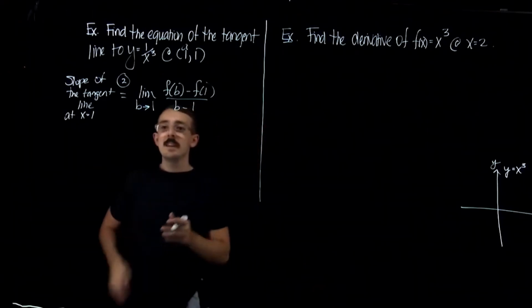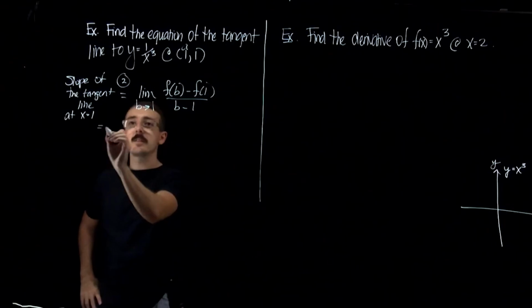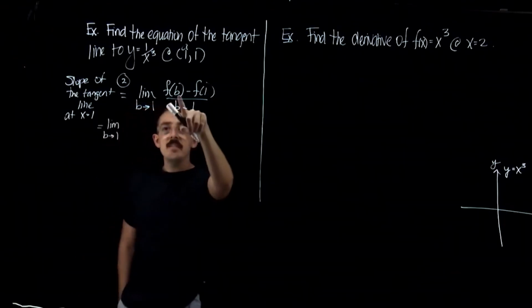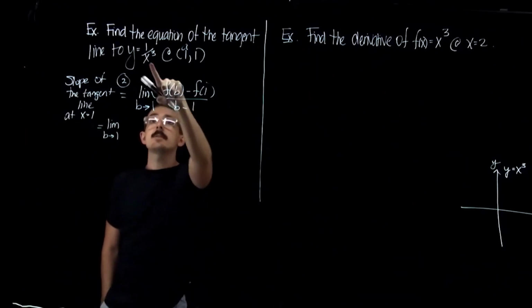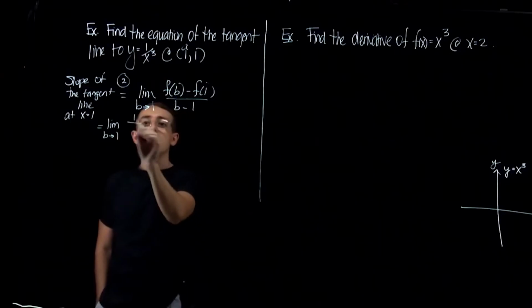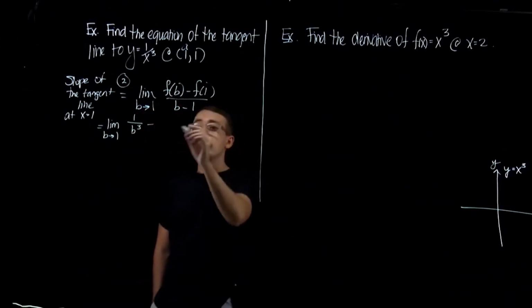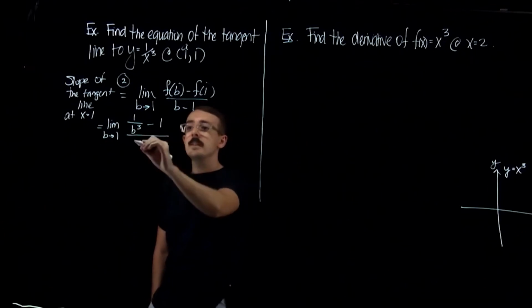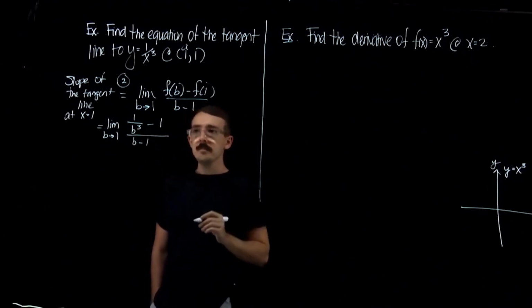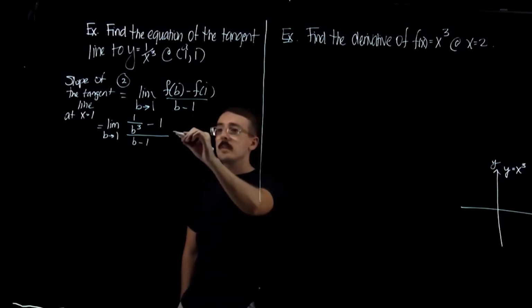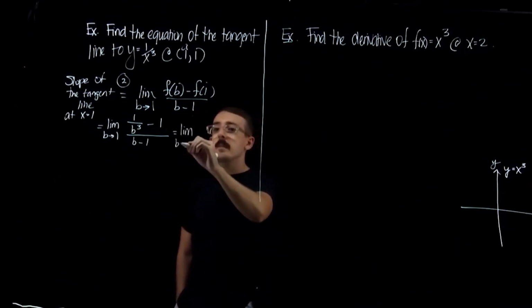All right, let's run through the calculation here. So we have the limit as b approaches 1. f of b means I plug b into the original function. So I'm going to get 1 over b cubed minus, what is f of 1? Well, that's just 1 over 1, which is 1. This is over b minus 1. OK, so from here, I'm going to bring my limit over.